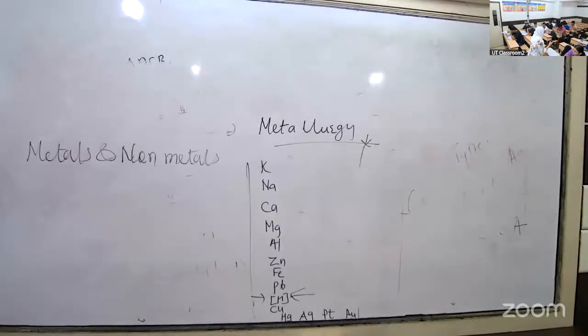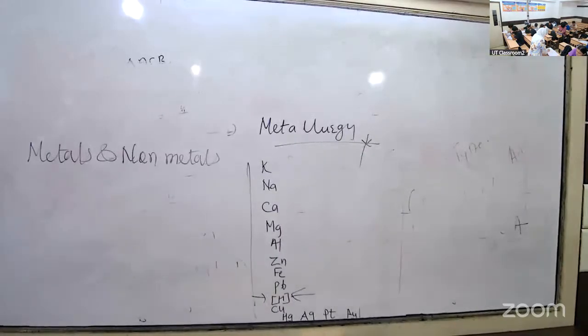What should we react the metal with? Metal with water. But write further: and from dilute acids. But the metal below hydrogen cannot.